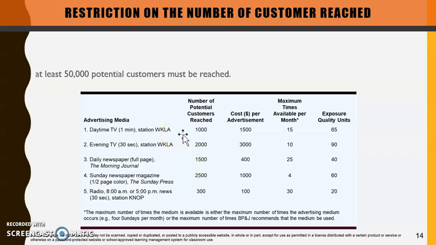So the restriction would be like this: 1,000 times the number of daytime commercials plus 2,000 times number of evening TV commercials plus 1,500 times, and like that you continue to finish all the things. All the things should be equal or greater than 50,000, because it says at least 50,000 potential customers must be reached.